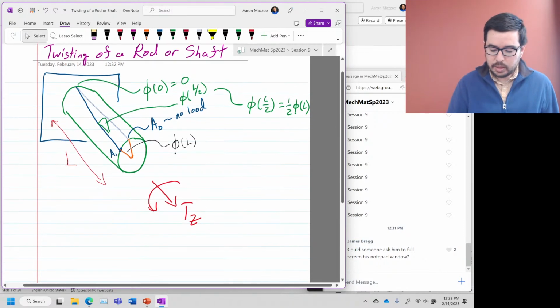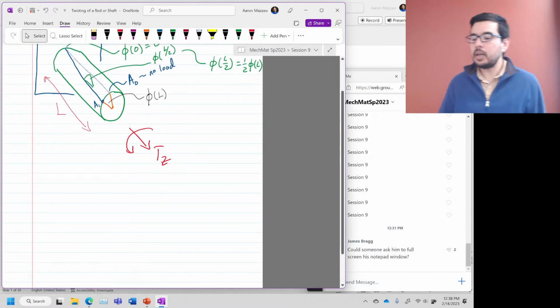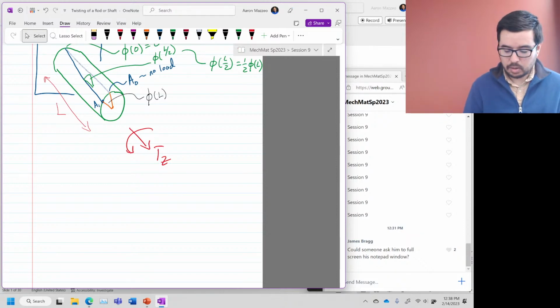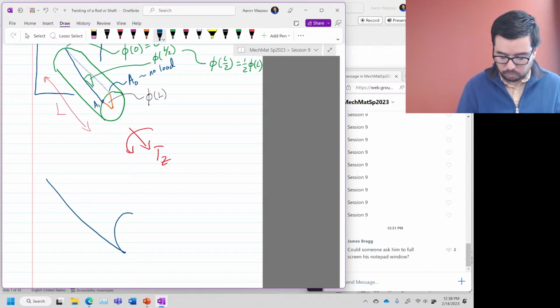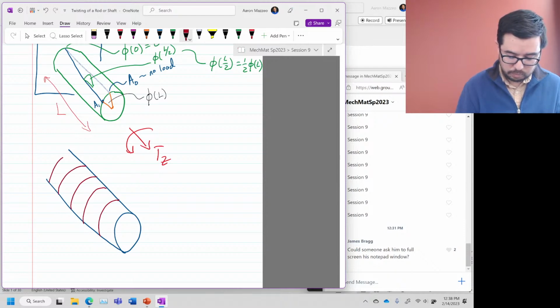And we can think of these as being stacks of disks. So if we have our shaft, we can think of the shaft as having a bunch of disks in it, like that.